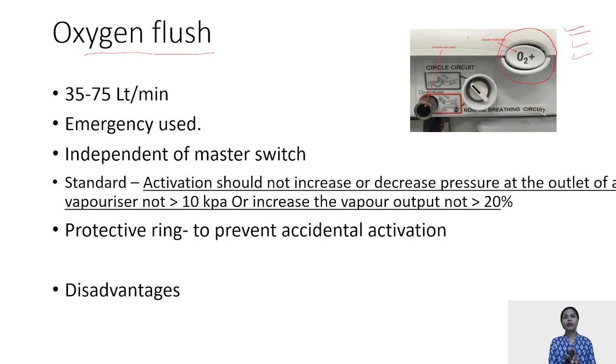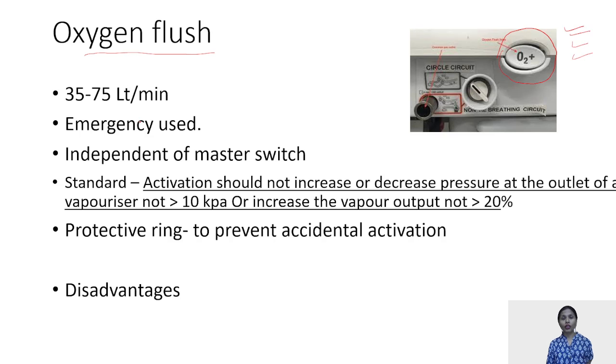So just remember that the flow that the oxygen flush gives is quite high, 35 to 75 liters per minute. It is independent of the master switch. I've already told you, it's an intermediate pressure system.